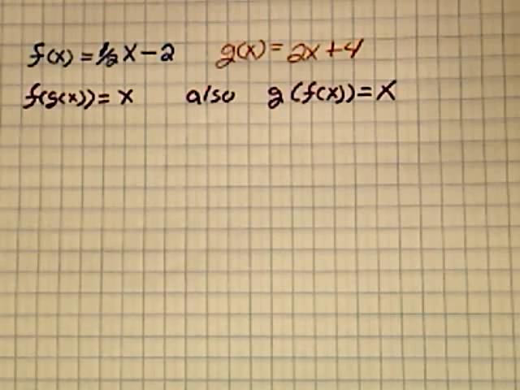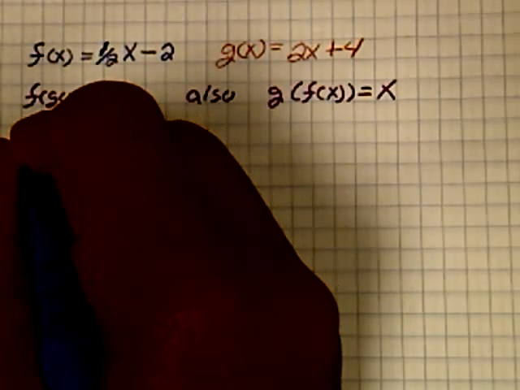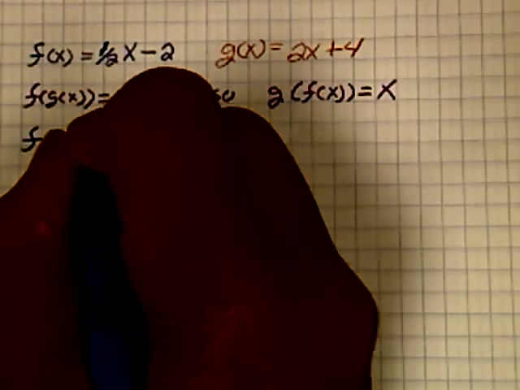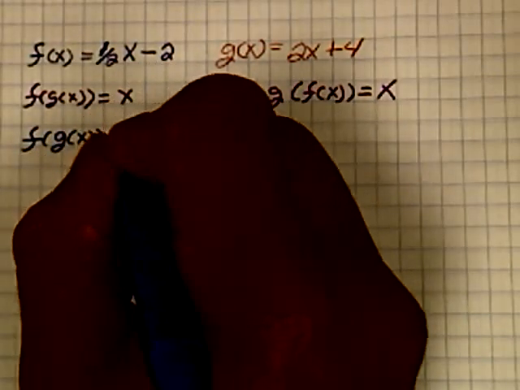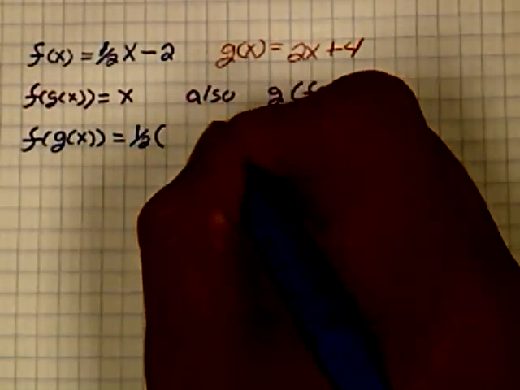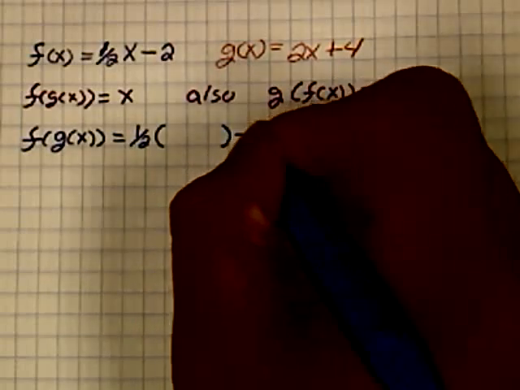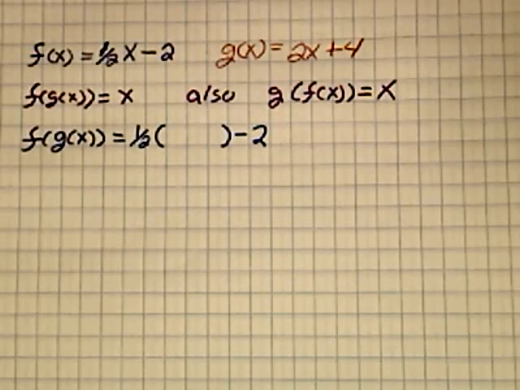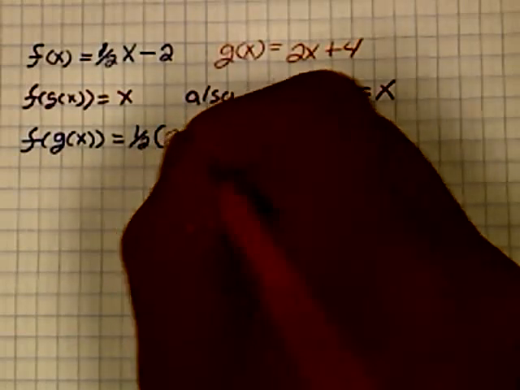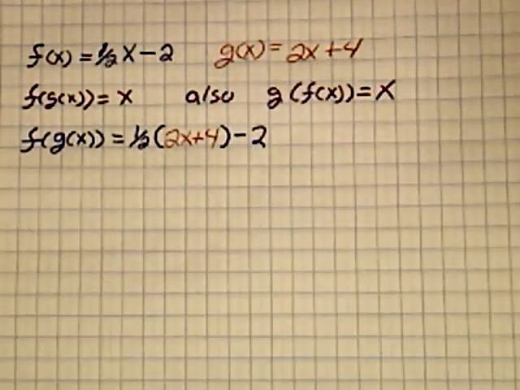I will start off with the composition f of g of x, and I will do that by taking the function f and taking out the value x and replacing it with g of x, which is 2x plus 4.